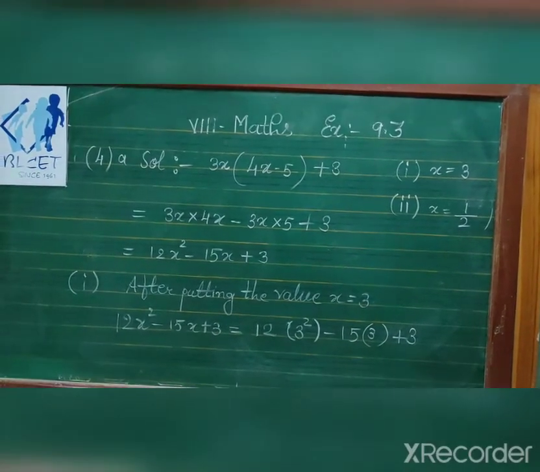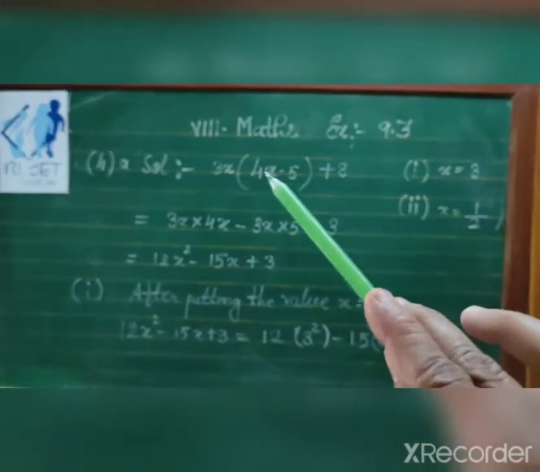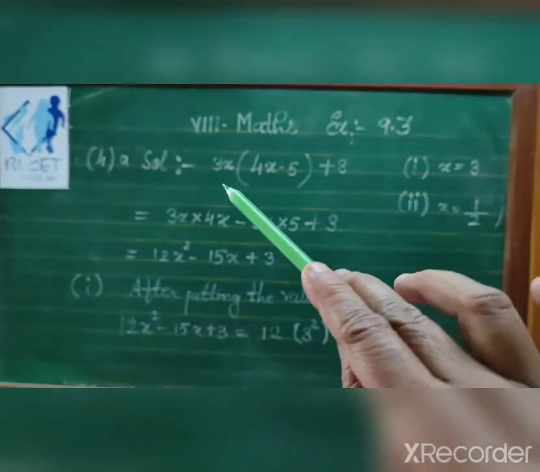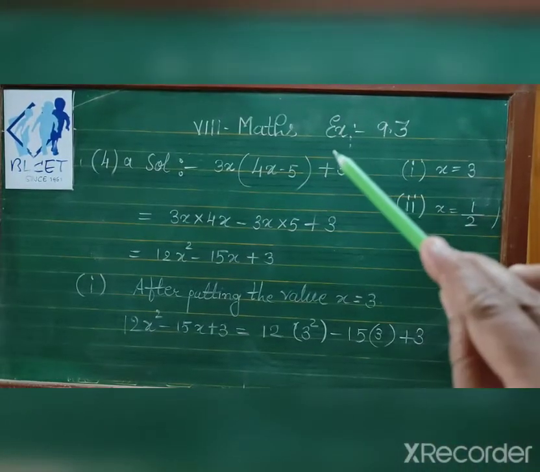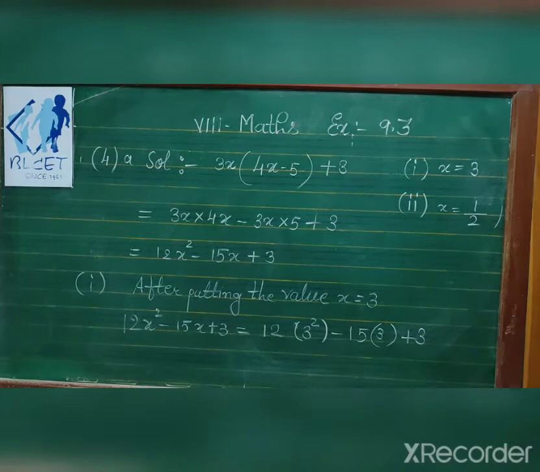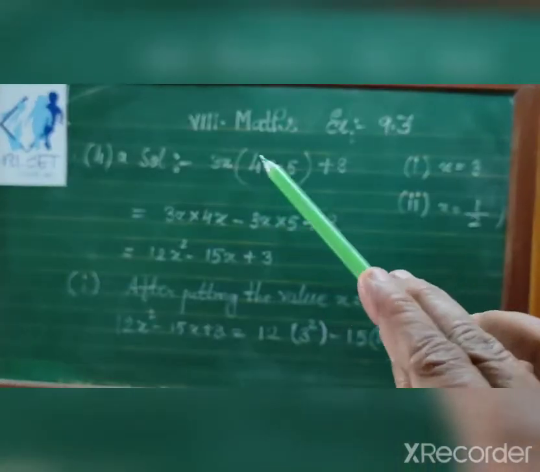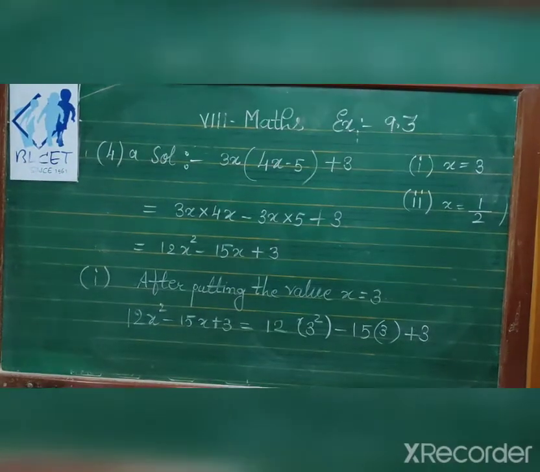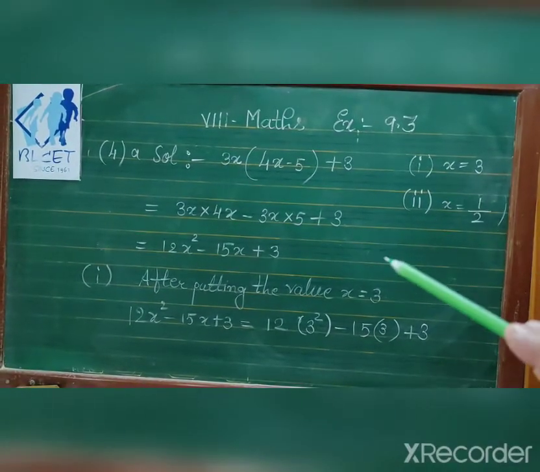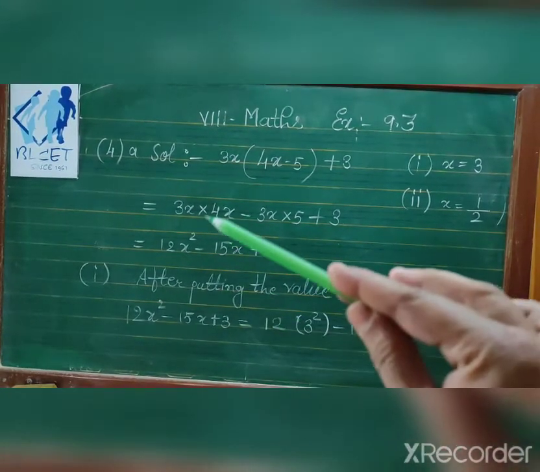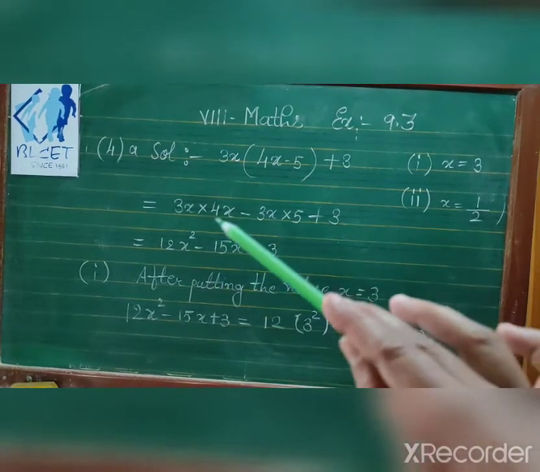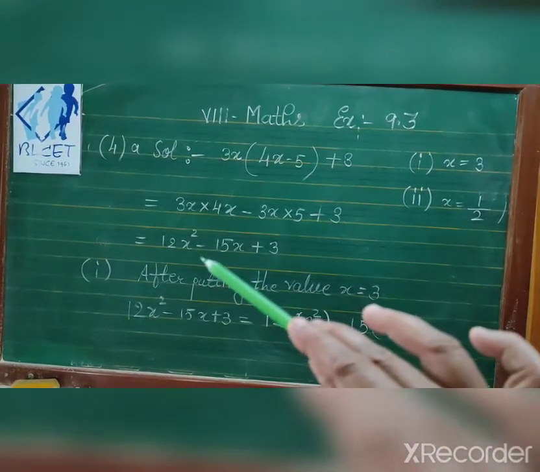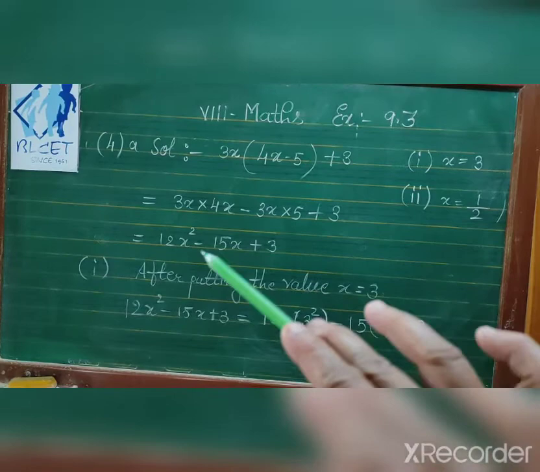So let us start. 3x into 4x minus 3x into 5 plus 3. Now 3 into 4, 3 fours are 12, x into x, x square, minus 3 into 5, 3 fives are 15, x plus 3.